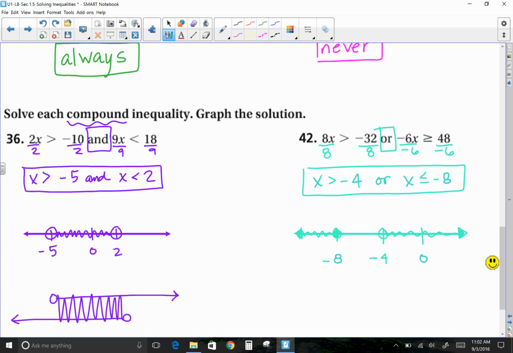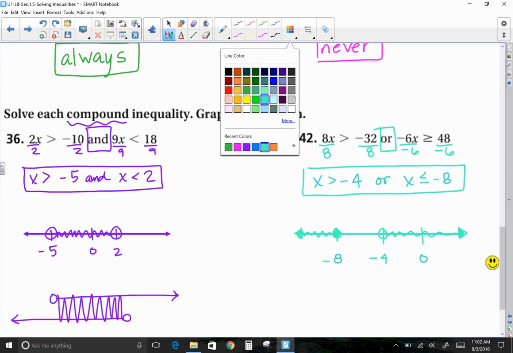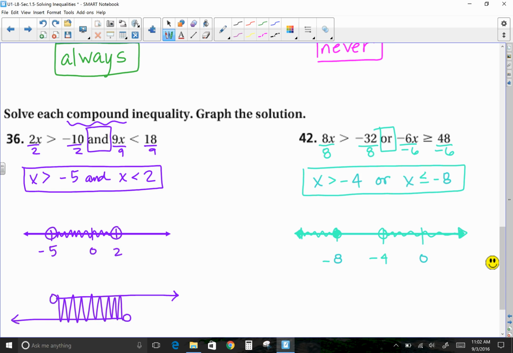Now, one of the things that I pointed out to them that you might want to be familiar with is that an or statement, if you notice this graph from geometry, this is a ray. Ray starts with the letter R, or has the R in it.